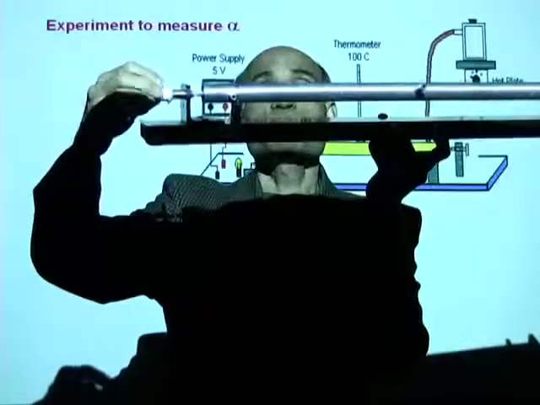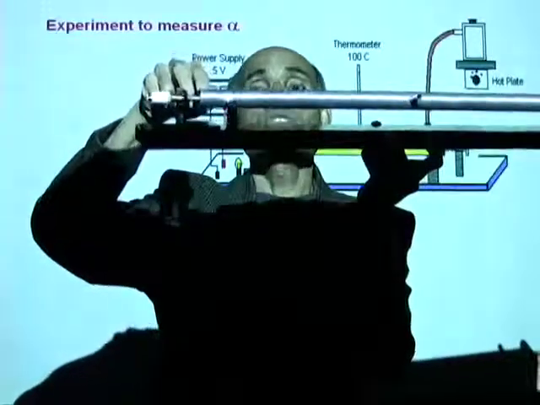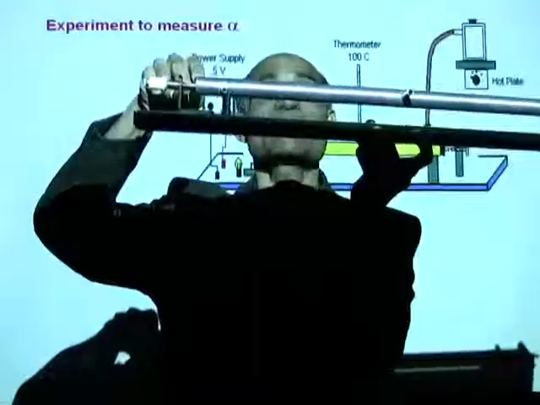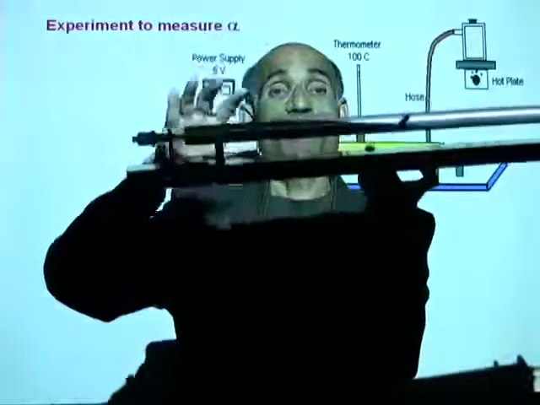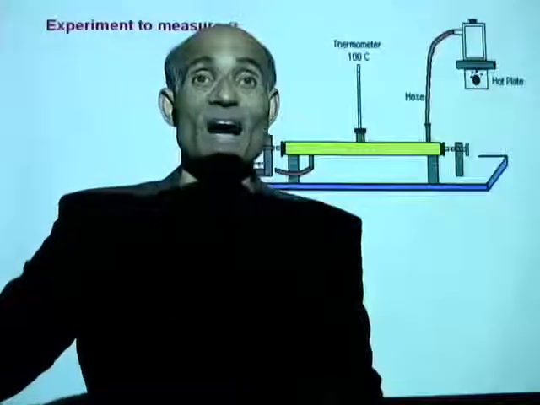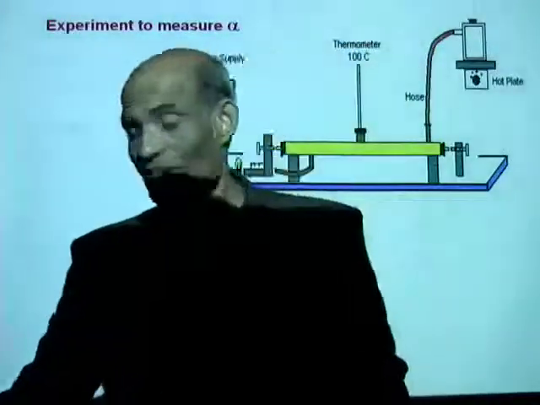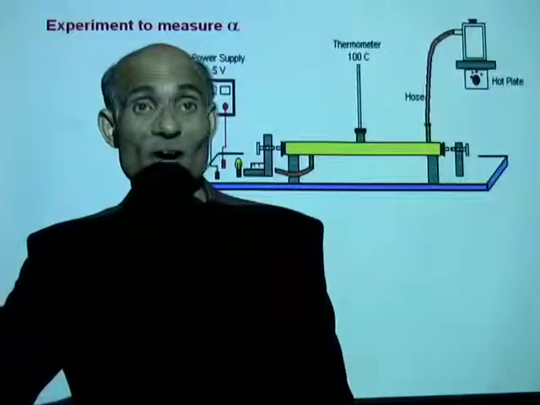And now work the micrometer screw back. You can measure the increase in length. So once you know the increase in length, the original length, and the rise in temperature, we can calculate the value of alpha. Is that right?